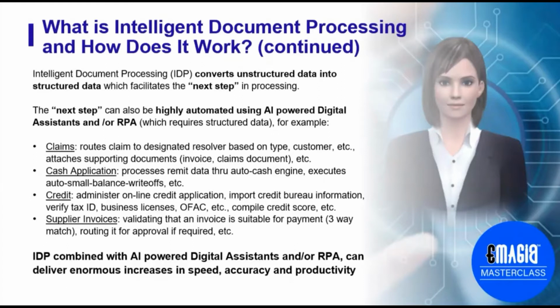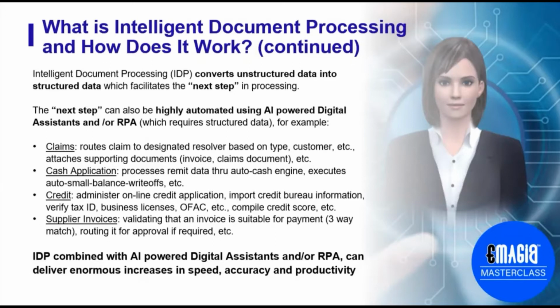For cash application, it extracts the remit data, can process it through the auto cash engine, and can also execute automatic small balance write-offs. Customer pays $995 on a $1,000 invoice, leaving a $5 residual or short payment. You can have that just written off. Consider the invoice paid in full, close it, and move on to the next one.